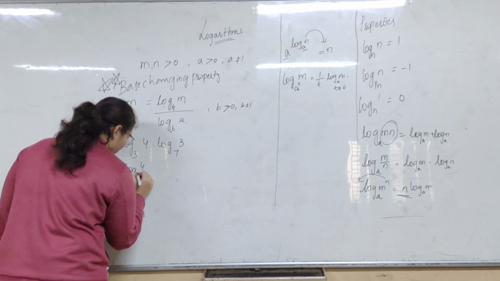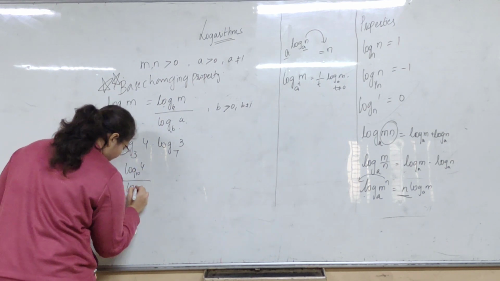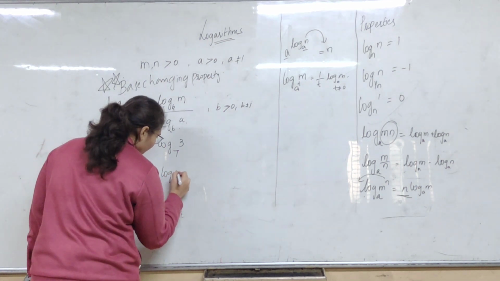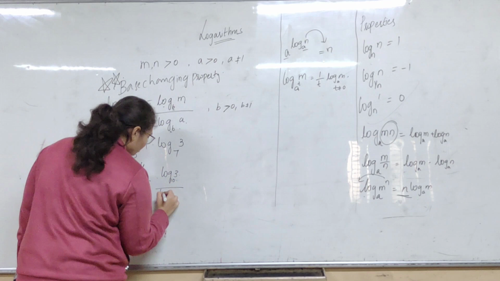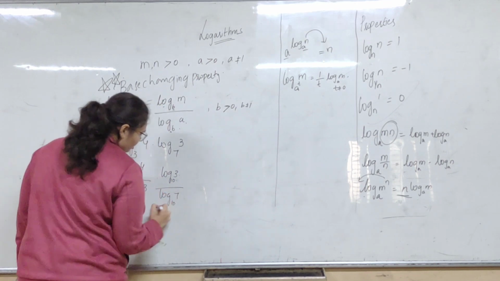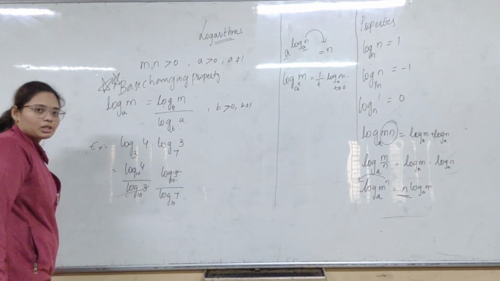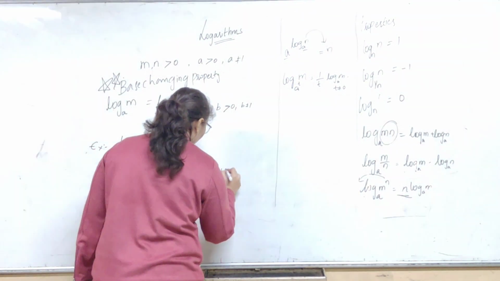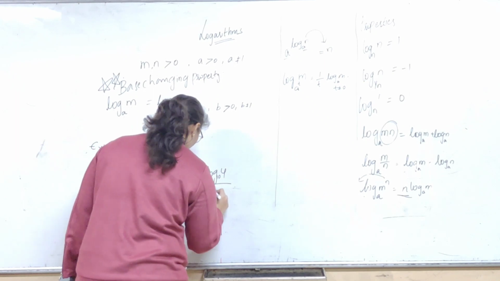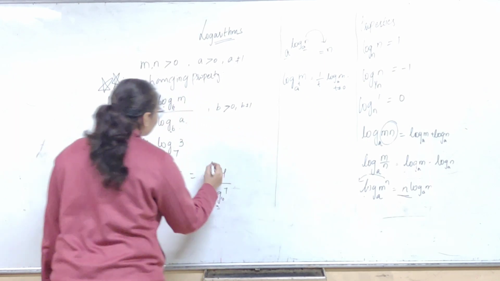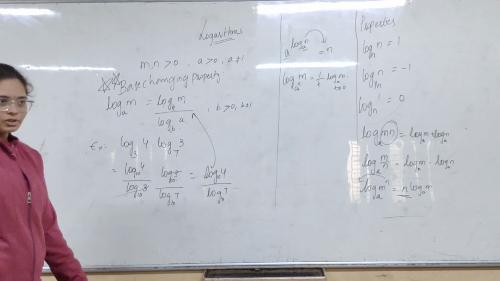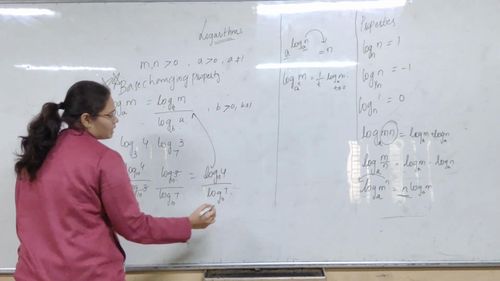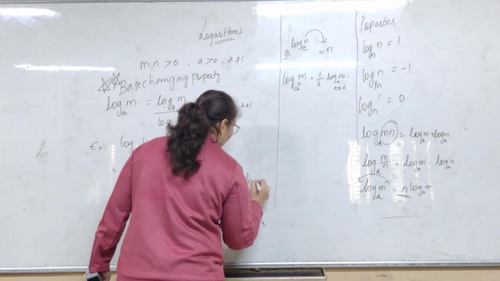So log 4 to the base 10 by log 3 to the base 10 into log 3 to the base 10 by log 7 to the base 10. Log 3 to the base 10 cancels. What remains is log 4 to the base 10 by log 7 to the base 10, which is of the form log m to the base b by log a to the base b, that is equal to log m to the base a.